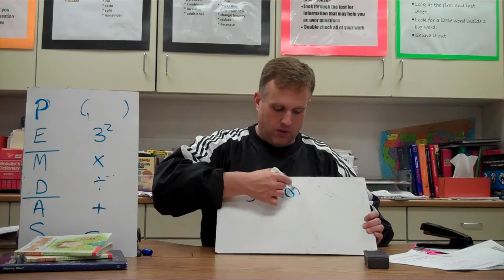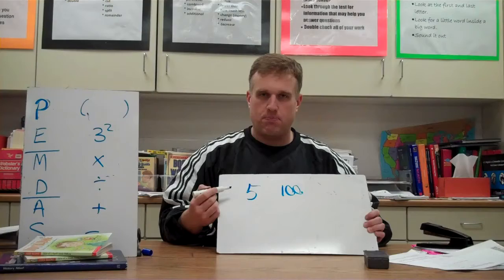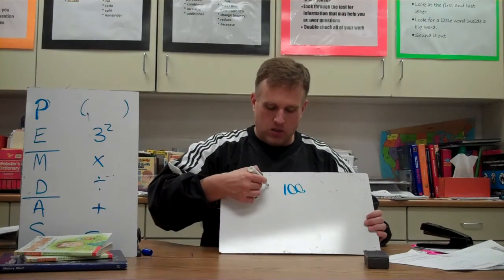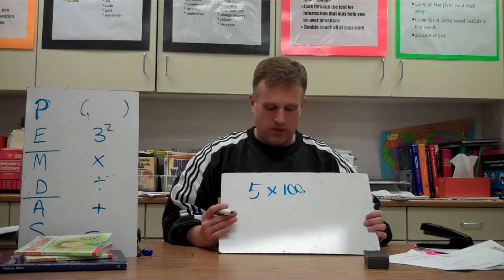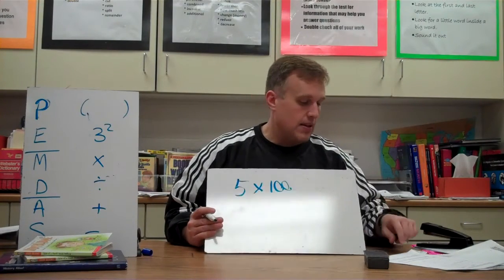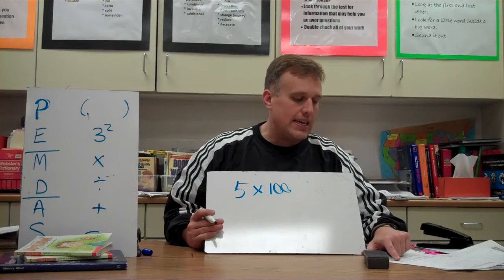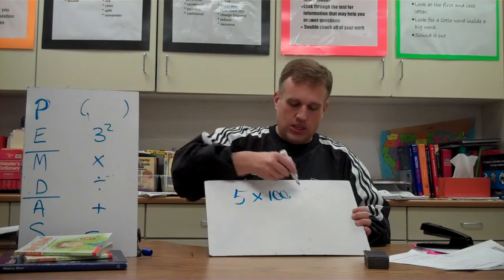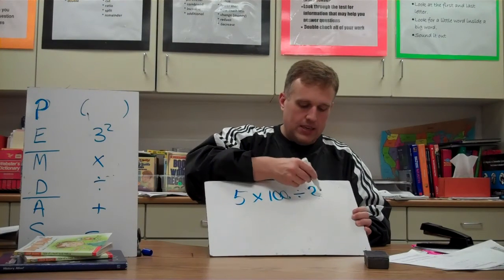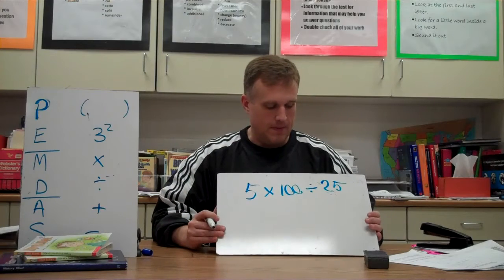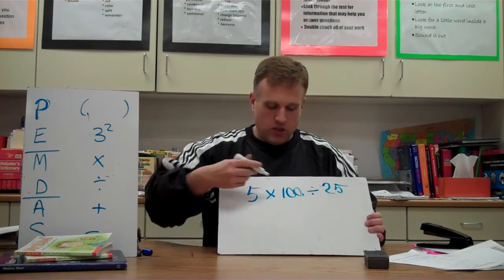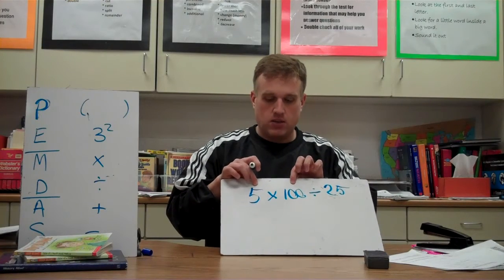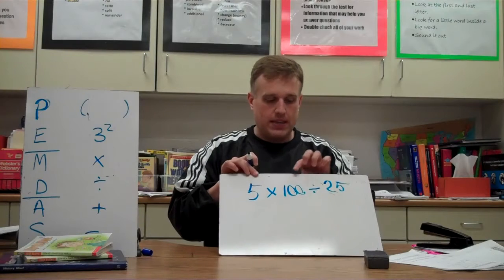So we first have to figure out how many beads that would be. In order to figure that out, the operation we would use is to multiply. So we would say 5 times 100 would give us however many beads she has. But then it says she evenly divided the beads into 25 containers. So she had 5 boxes, 100 beads in each box, so we multiply to figure out how many beads there would be together.